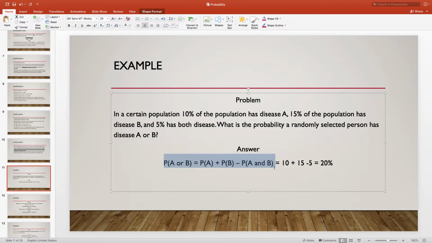All we have to do is write down the probability of A, that's 10%, plus the probability of B, 15%, and subtract what they have in common, that's 5%. So 20% of the population is at risk for having one of these two diseases. They might be in the at-risk category, or infected category, actually. So that's quite worrisome.